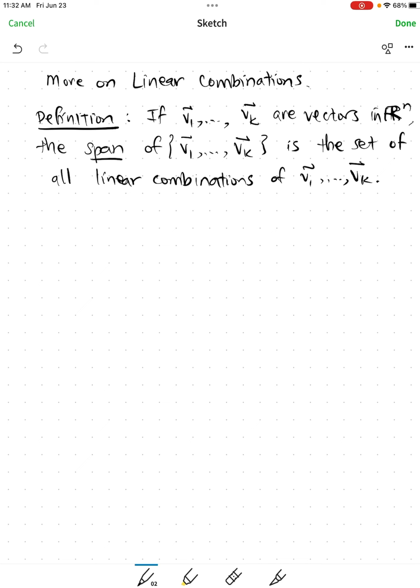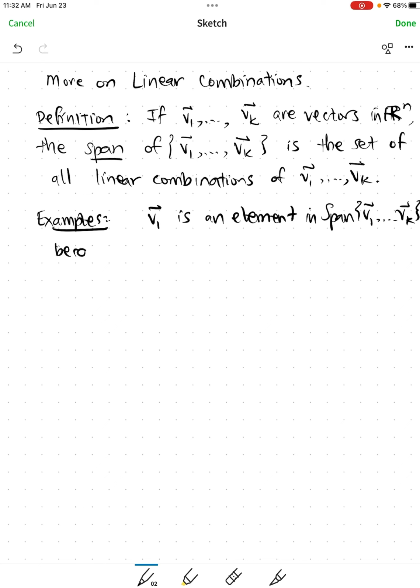First of all, notice that v1 is an element in, let's use the notation, span of v1 through vk. How do we know that v1 is an element of the span of v1 through vk?